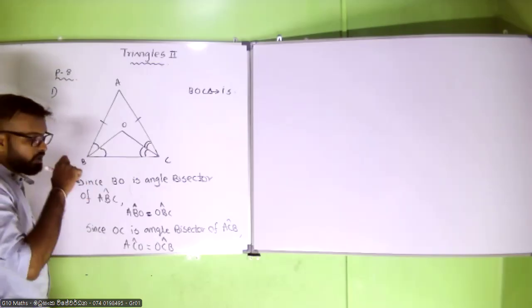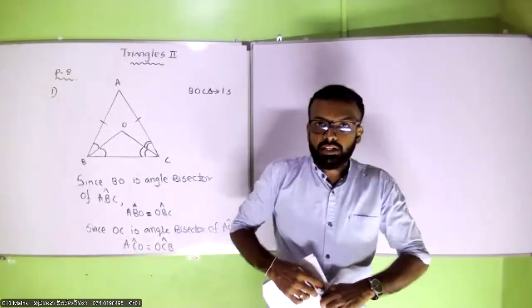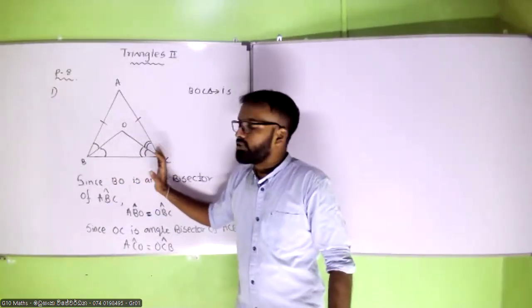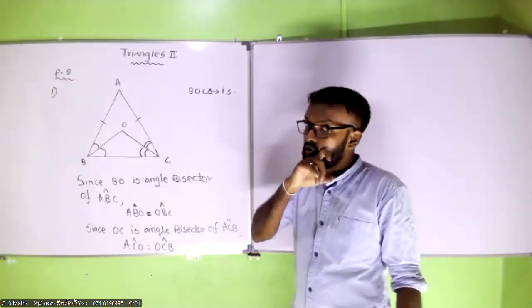We do not know that these two angles are equal yet. We are going to show that. At the initial point, we cannot take this angle as equal to this angle, because there is nothing they have given. So we are going to show them.